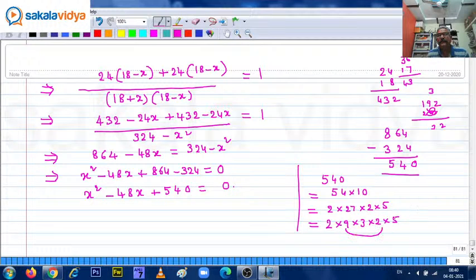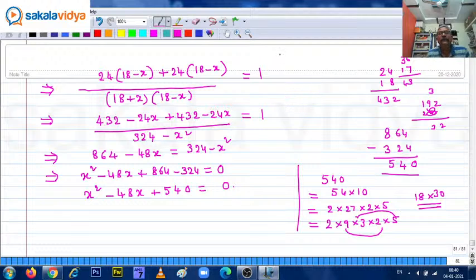Okay, this is 18. 5 into 2 is 10, 5 into 3 is 15, 15 into 2 is 30. 30 plus 18 is actually 48.